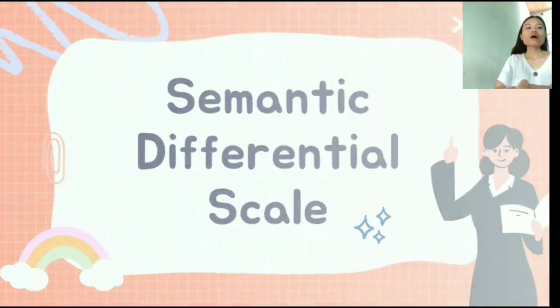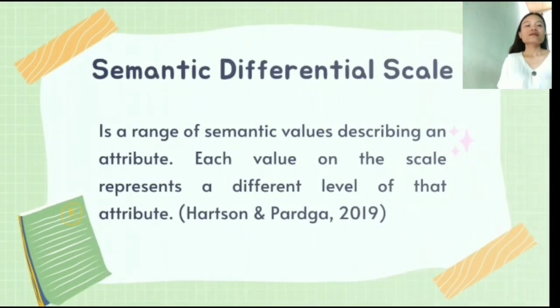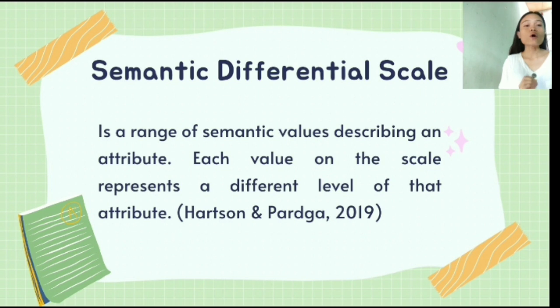So when we talk about the semantic differential scale, according to our online resources authored by Hartson and Pardaga, 2019, it is a range of semantic values describing an attribute, and each value on the scale represents a different level of that attribute.